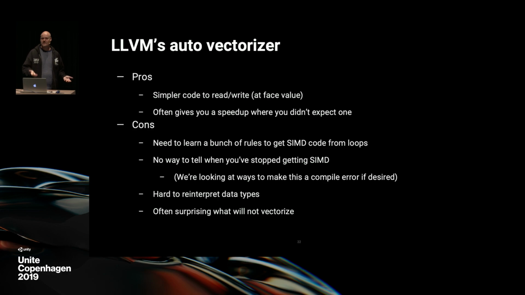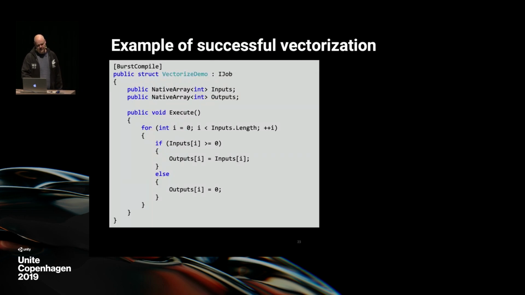We're looking at options for how to do that, so you can look at something and say, tell me if this ever regresses, so that the junior gameplay programmer doesn't check in stuff that breaks it. But we don't have that yet. The other 2 points that I think are problematic are that it's frustrating to try to reinterpret data types, which I'll cover later in the talk, and it's pretty often you'll be surprised about what doesn't vectorize.